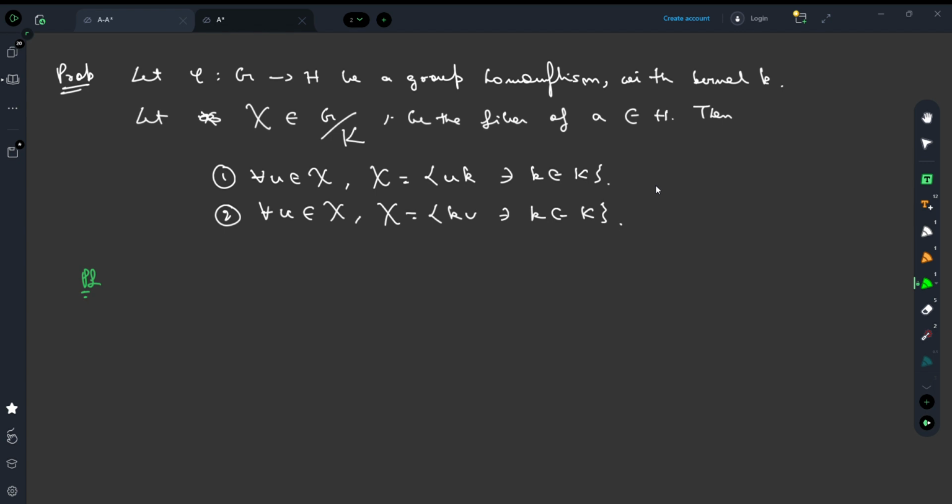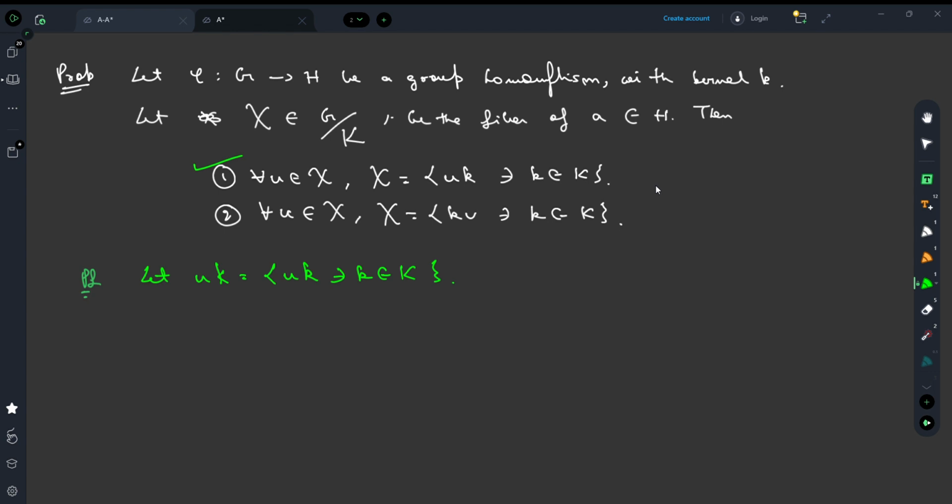What we do is that we define this set first. Let uK be defined as the collection of elements of the form u small k such that small k's are elements of capital K. We will prove one, and all the steps will be analogous in the proof of two.